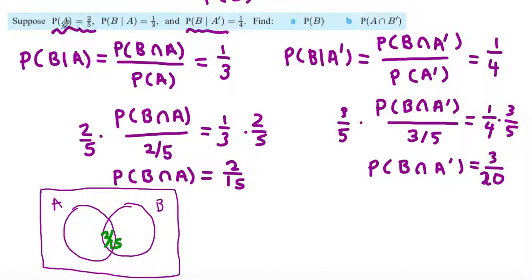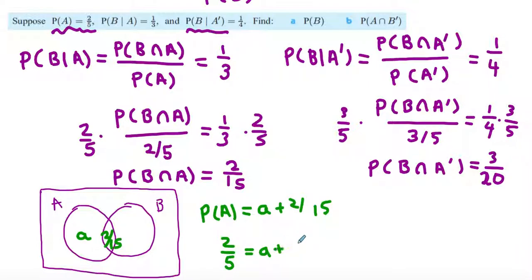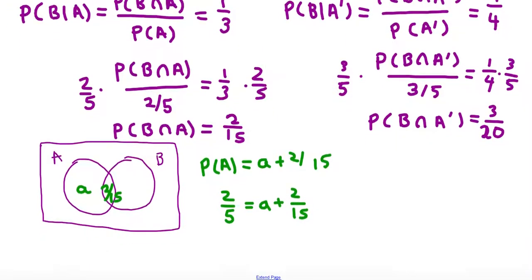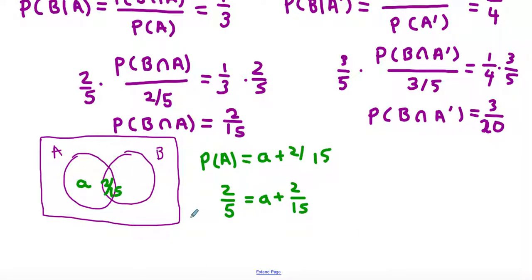Given that probability of A is equal to 2 out of 5, if I let this side be small a, probability of A is equal to a plus 2 out of 15. So probability of A is 2 out of 5 equals a plus 2 over 15. Subtracting 2 over 15 on both sides, you have 2 over 5 minus 2 over 15 is equal to a.